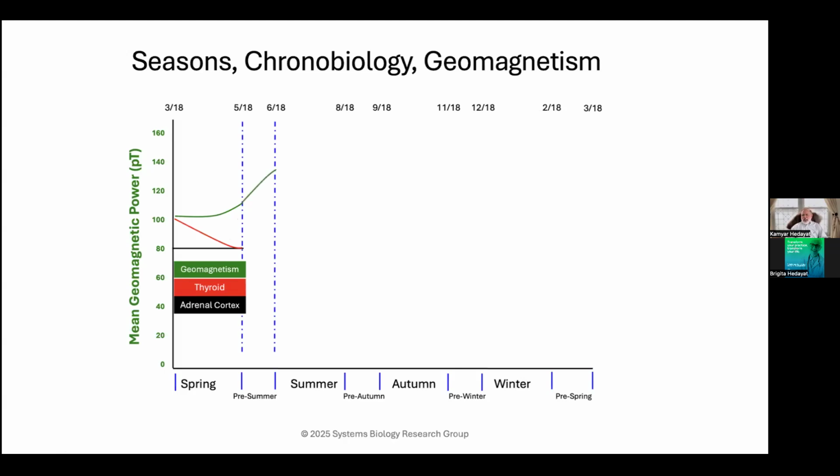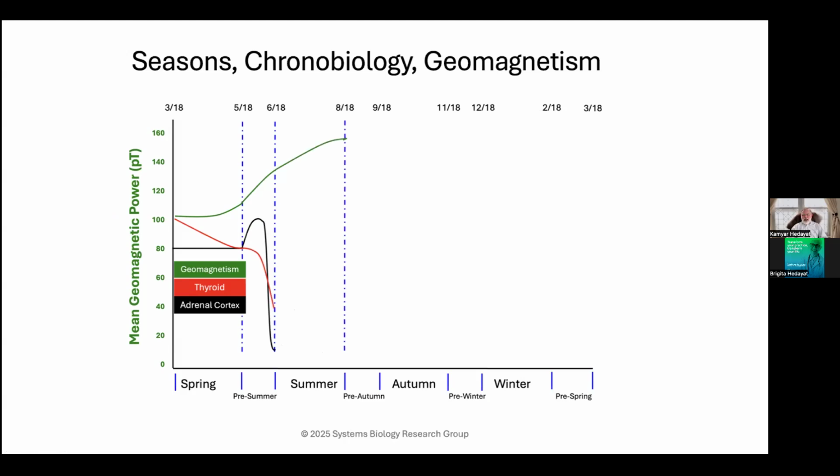There's a natural rise on average in geomagnetic output. And to help the organism adapt to summer, there's a brief rise in adrenal activity, which then significantly falls. And the same thing is true of thyroid activity, because remember, for most of the year, it works inversely to geomagnetic output.